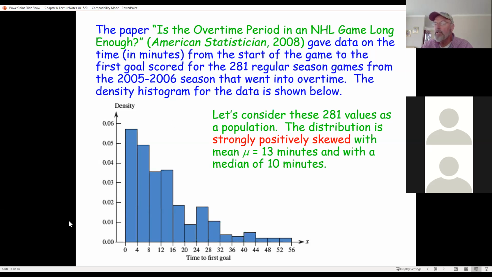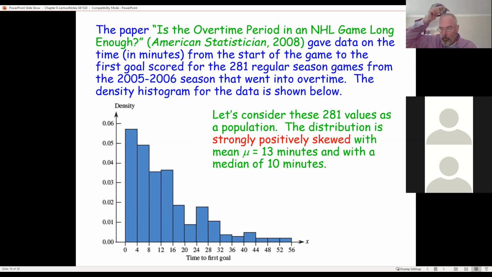So here is a situation where the population distribution is very skewed. This is different than the previous example, where the population was normally distributed.